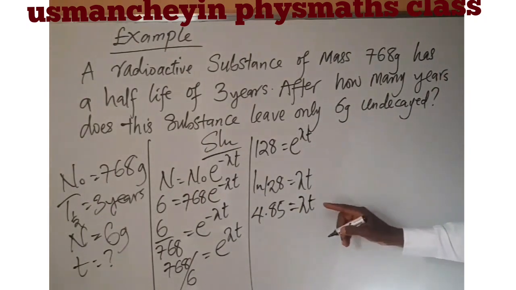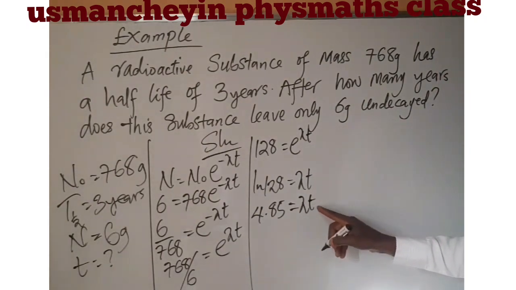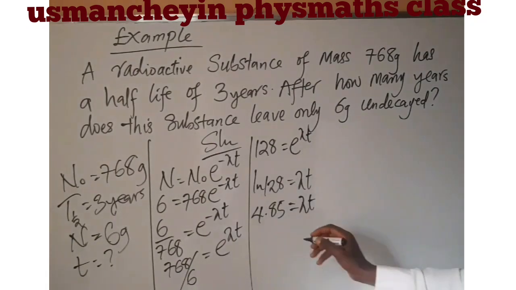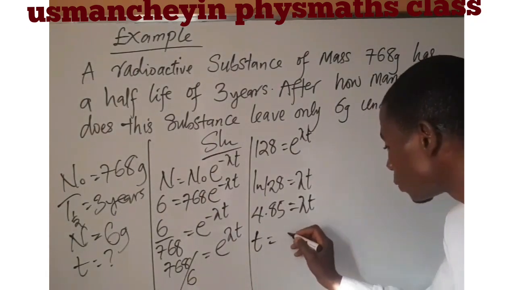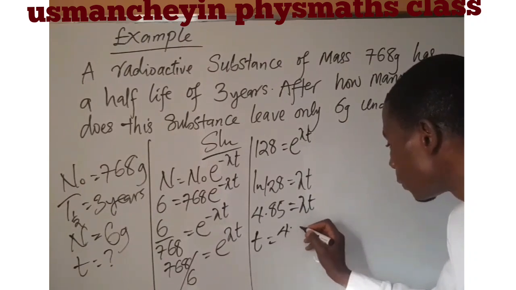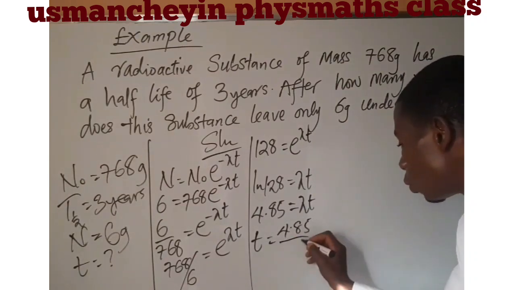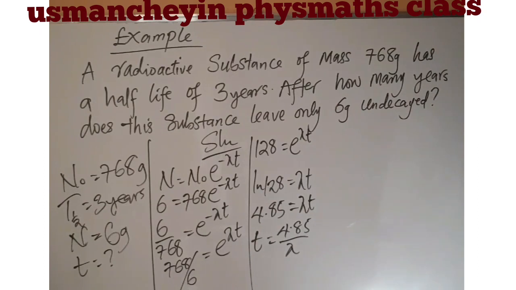We are looking for t, so we divide through by lambda, so that t is equal to 4.85 over lambda.